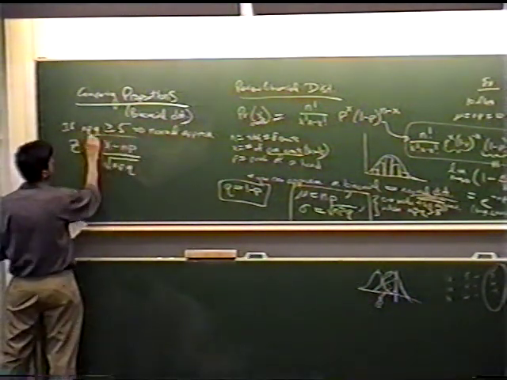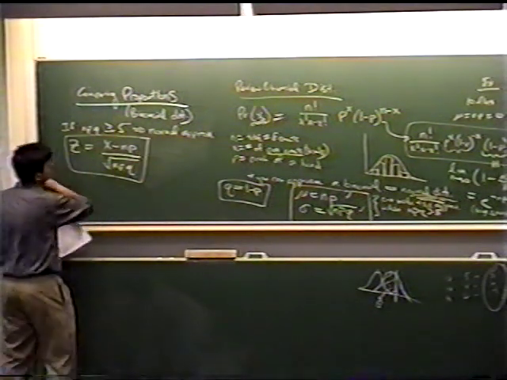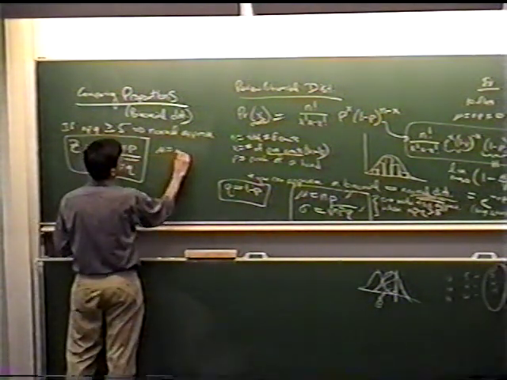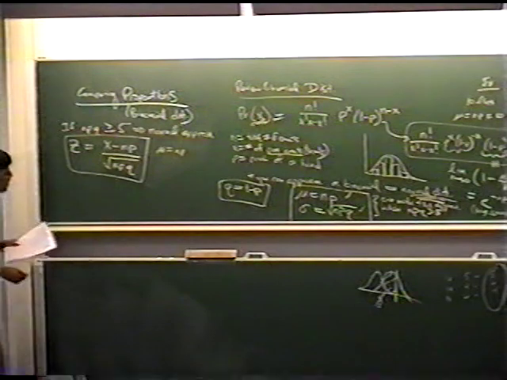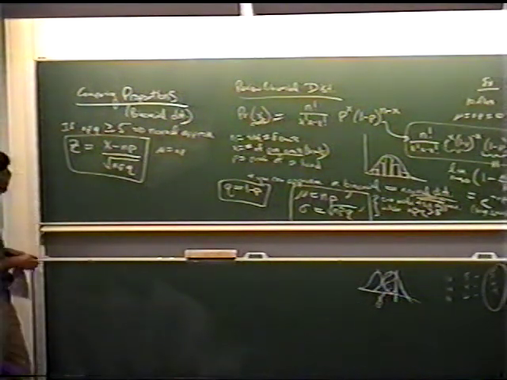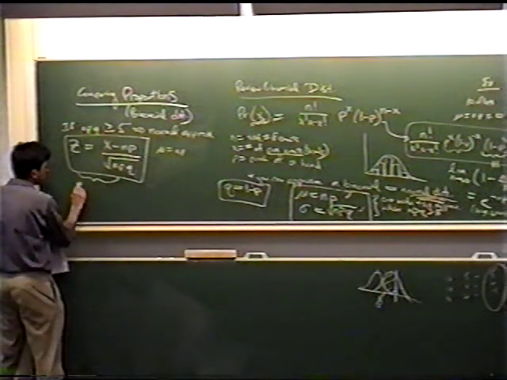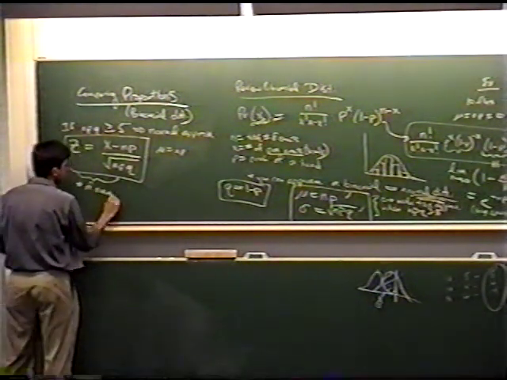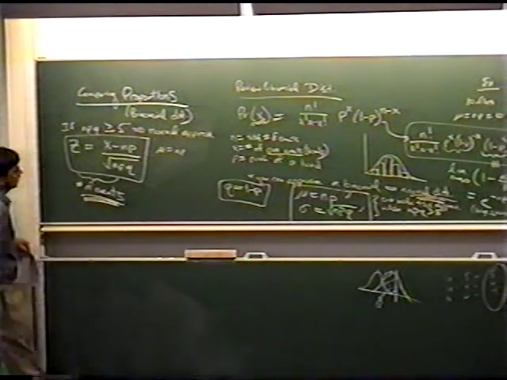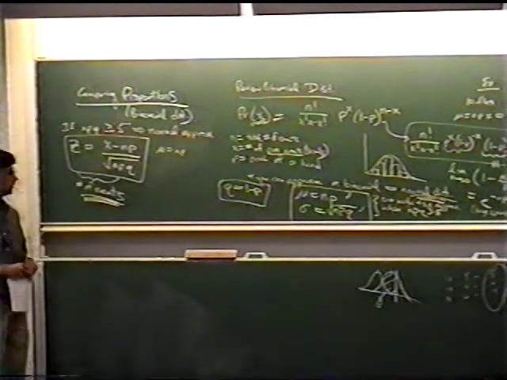That's our z statistic, where we have mean of np and standard deviation of square root of npq. But the way we're writing this equation, it deals with the number of events.